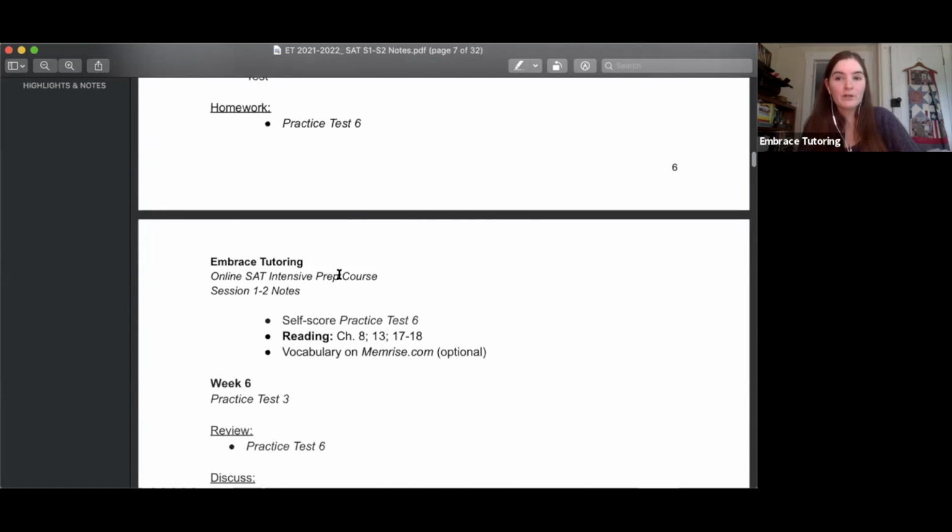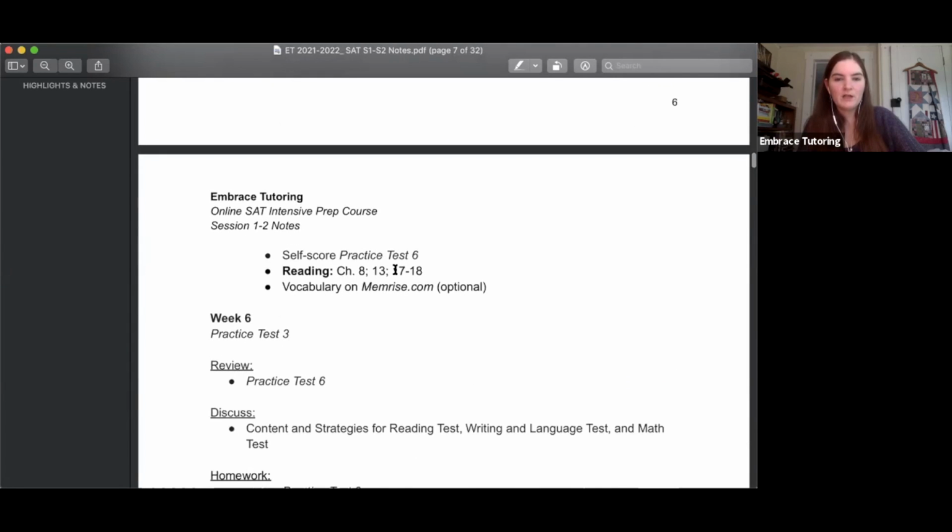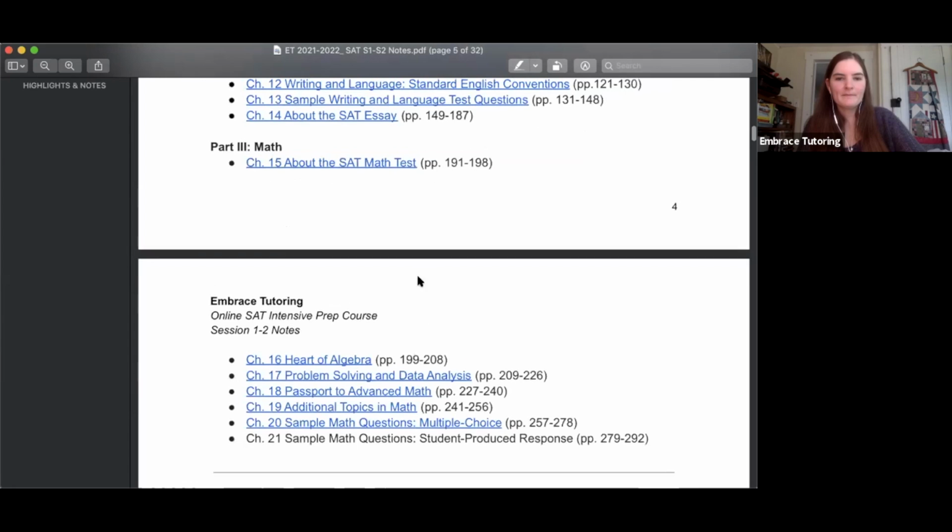You should have already read about Heart of Algebra, which was the first math chapter. That was last week's reading. So 17 to 18. We did talk about Heart of Algebra a bit last week. Did anyone have any lingering questions about that chapter from the week prior, before we delve into problem solving and data analysis? Okay.